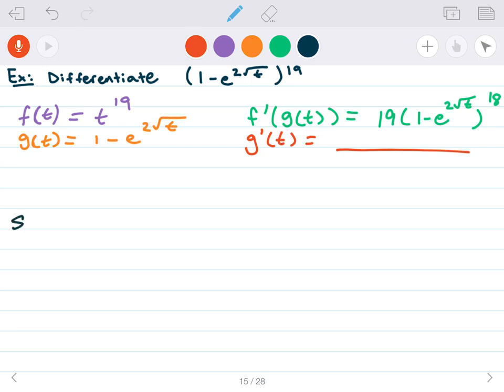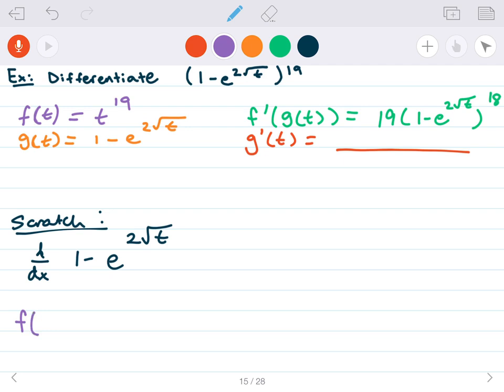So here's my scratch. We want to ultimately find g prime of t. So we want to find the derivative of 1 minus e to the 2 root t. And in this case, I just want to clarify that my scratch work f doesn't have to do with the f above. This is just kind of doing the chain rule separately.